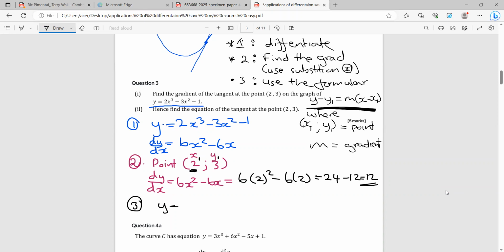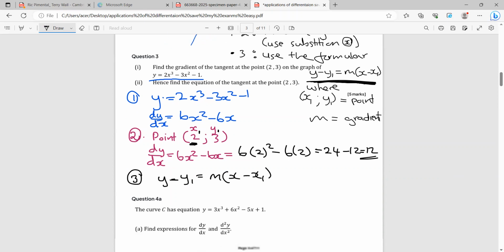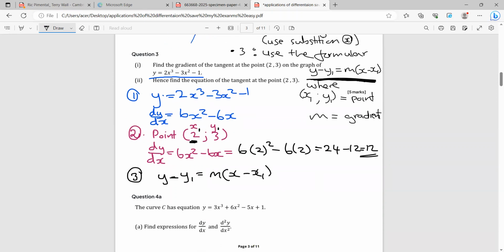So, y minus y1 equals m times x minus x1. All you need to do is plug in the values. So y minus, our y1 is this 3, so y minus 3 equals m, the gradient we just found, m is 12.